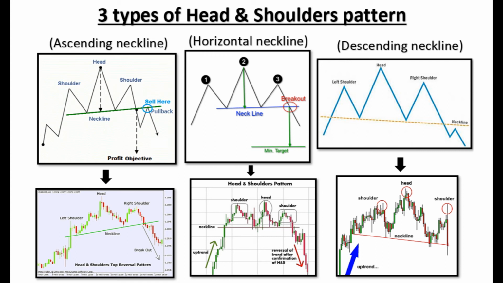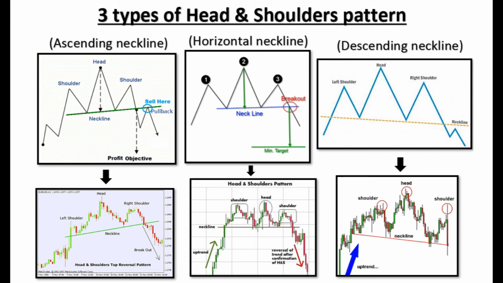As you can see, once we're heading down from the head, the price puts a lower low on the neckline, right? Then a lower high on the right, I'm talking about the right shoulder. The right shoulder puts a lower low, lower high, and then heads down and breaks the descending neckline.